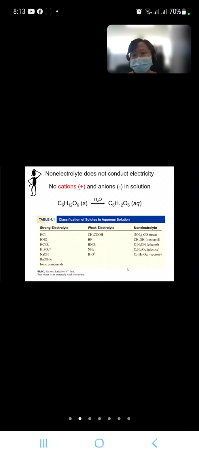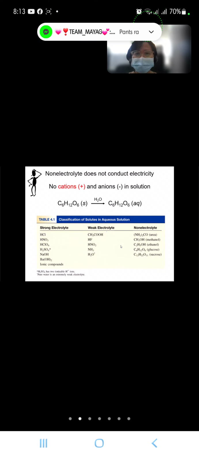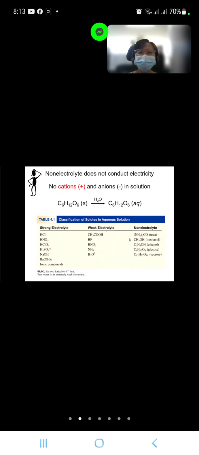For the non-electrolyte substances, we have urea, methanol, ethanol, glucose, sucrose. Molecular compounds or covalent compounds are non-electrolytes because they have no ions, right?